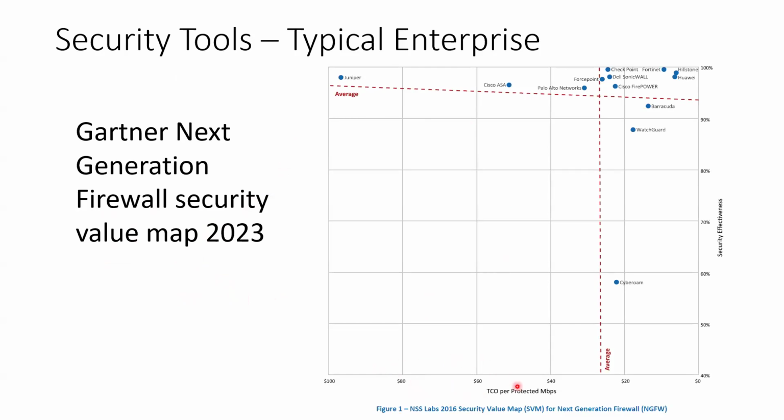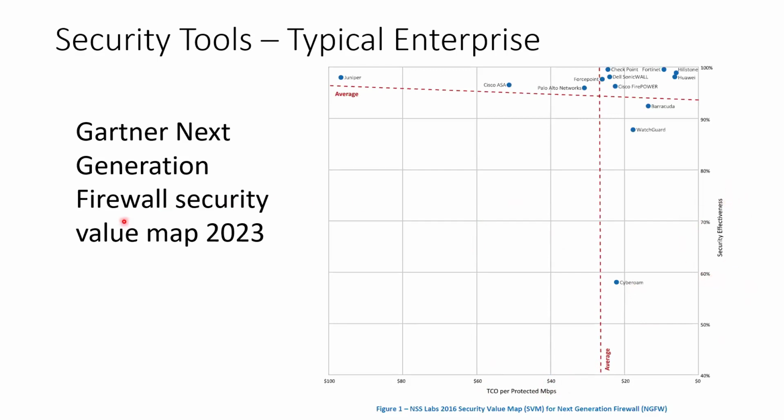The x-axis represents the total cost of the system per bandwidth, and the y-axis represents the security effectiveness.